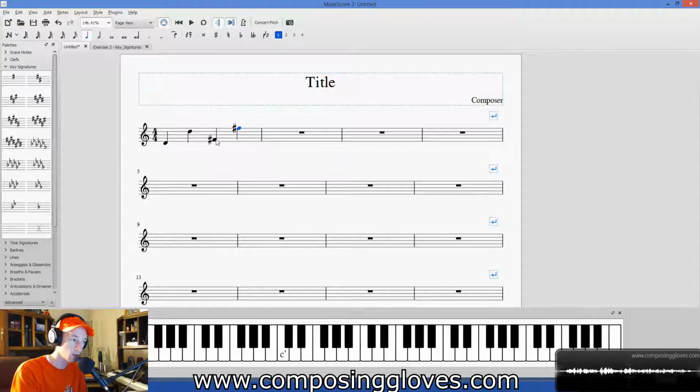Now, these are a lot of big words, but basically, right now we are working in C major. As far as the key signature is concerned, it's all natural, and there's no sharps, no flats. So this F sharp, this accidental, is saying to the key signature, there is an exception. This note is sharp.